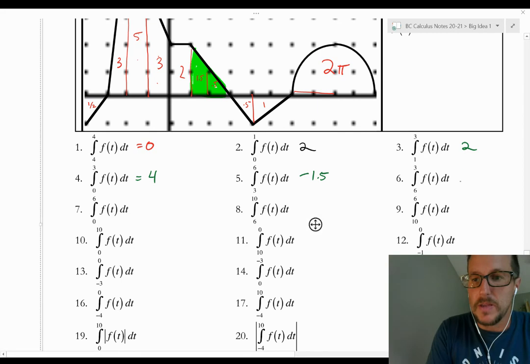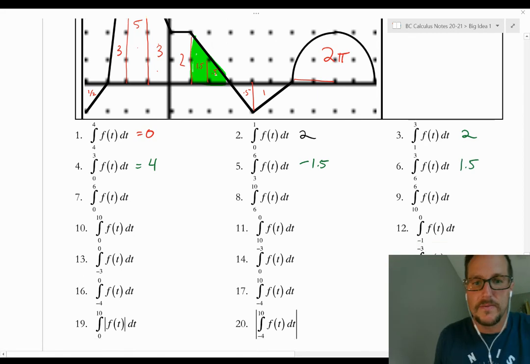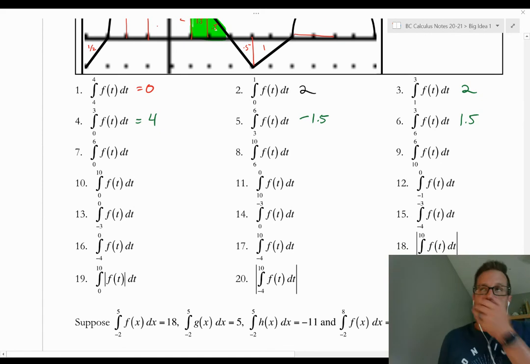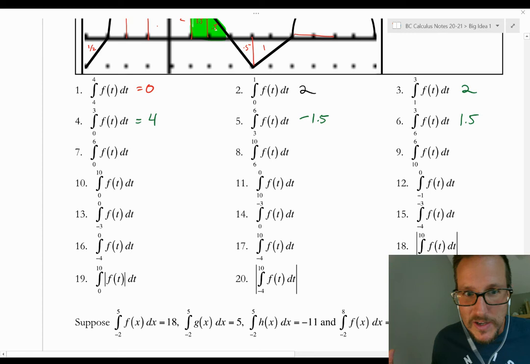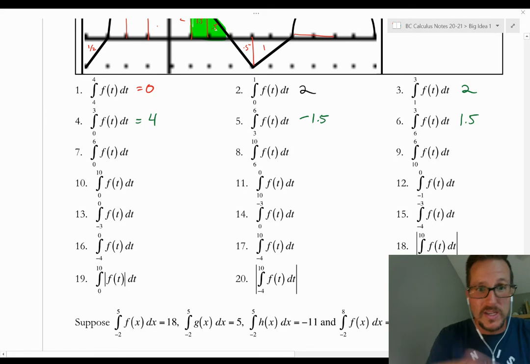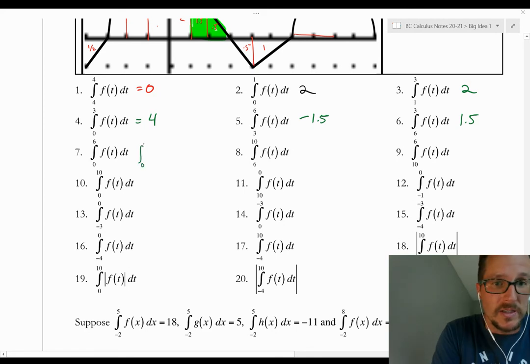So that's going to be positive 1.5. Keep going now. Okay, 0 to 6. I don't need to look at the function anymore because I know 0 to 3 is 4, and I know 3 to 6 is negative 1.5. I can combine those two together and say that's the same as 0 to 3 plus 3 to 6, and that's just going to be 2.5.